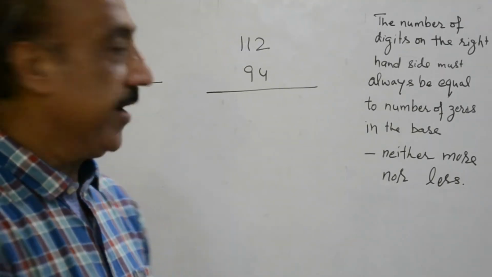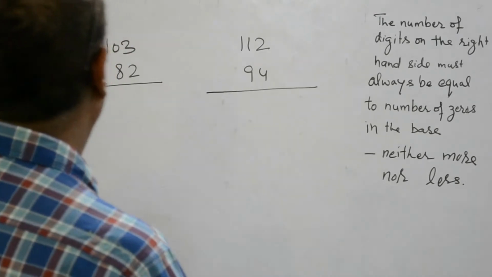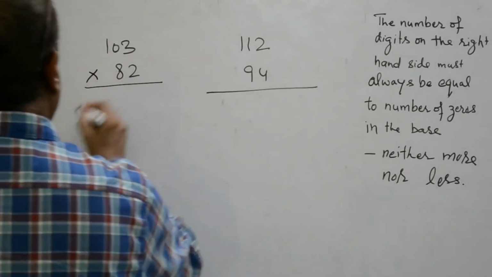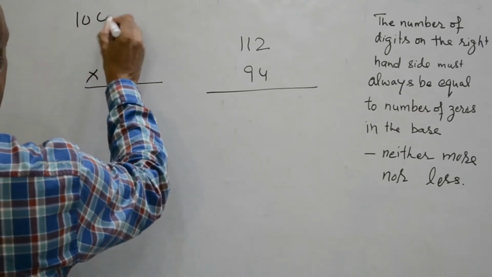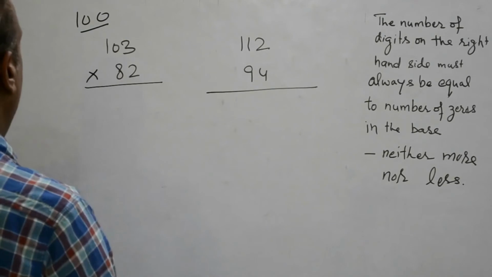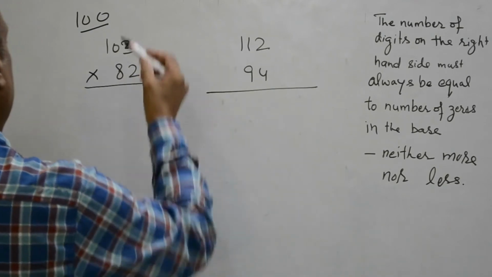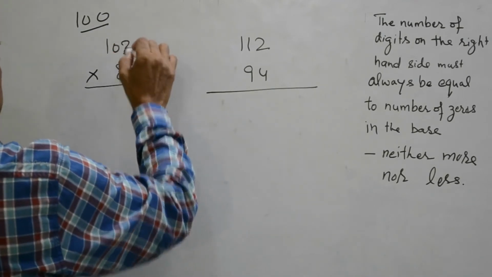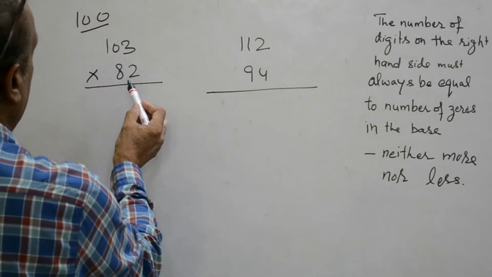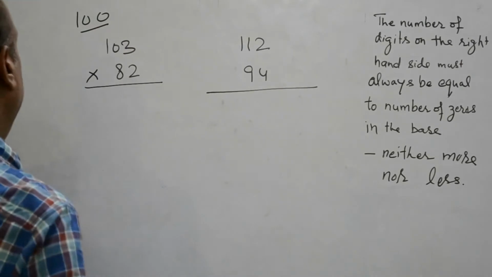Now we have to find out the value of these products. Here the numbers are near the base 100, but here one of the numbers is bigger than the base while the other number is smaller than the base.